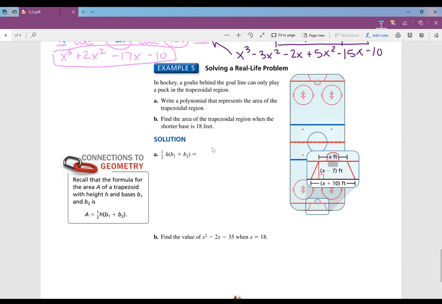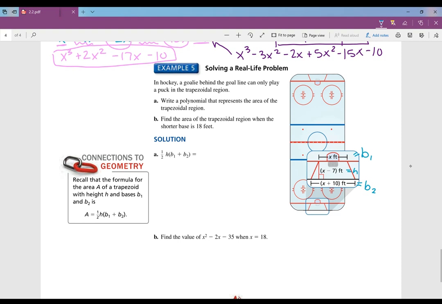If you don't remember, we have the equation for the area of a trapezoid right here. It's 1/2 h times b1 plus b2. So b1 is going to be one of your bases, and then b2 is your second base. And then your height is going to be how tall the trapezoid is.